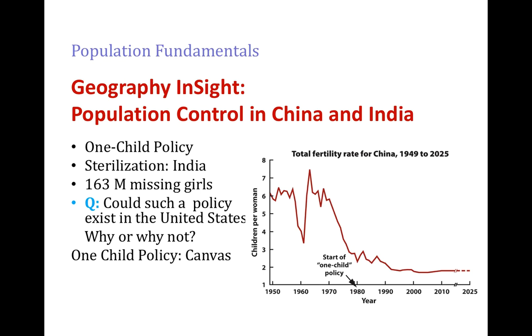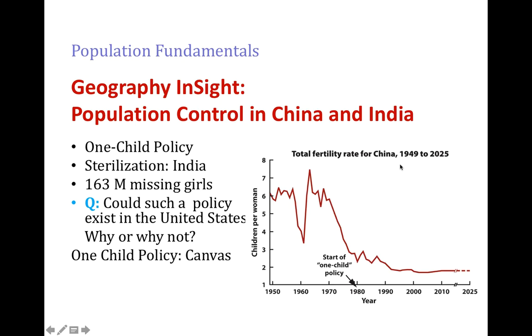In fact, this is the period of time where the ultrasound becomes a technology that allows us to know the sex of our child before they're born. And because you had so many abortions of female fetuses after the ultrasound, it's actually still illegal to find out the sex of your child in China because of that.